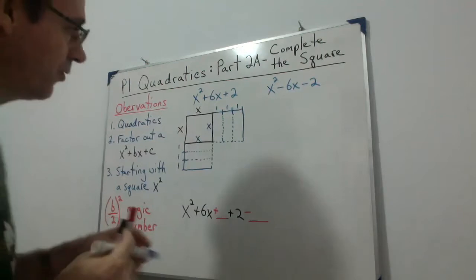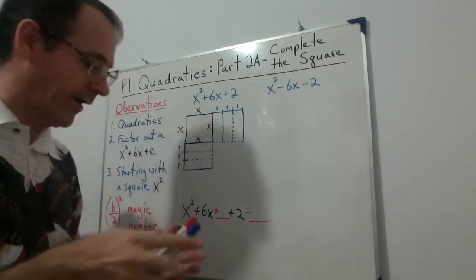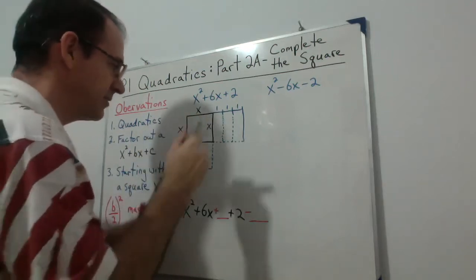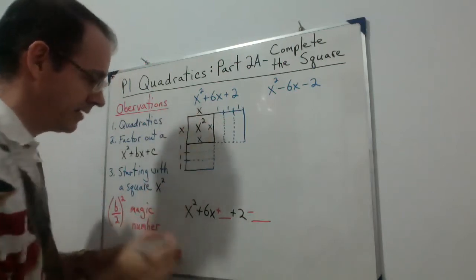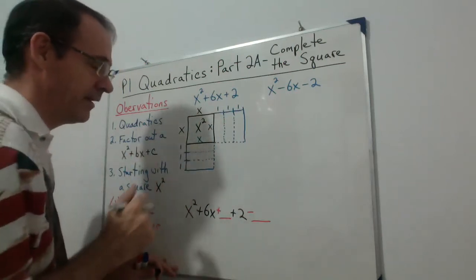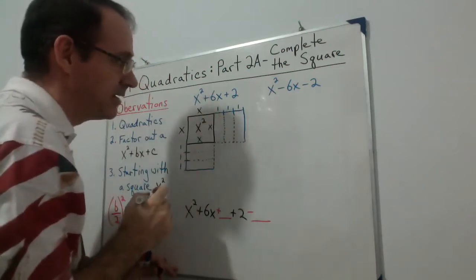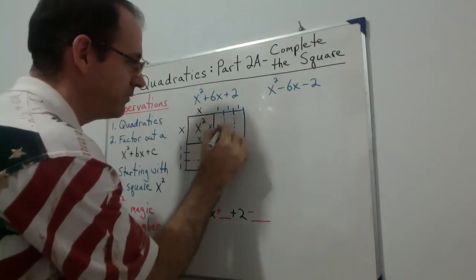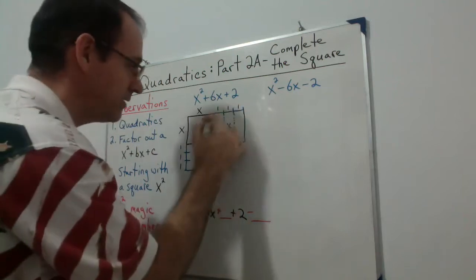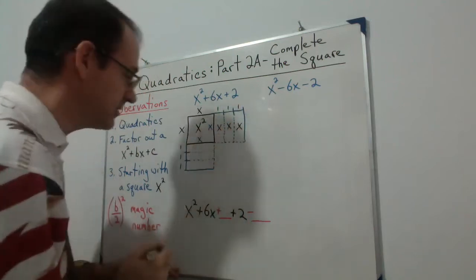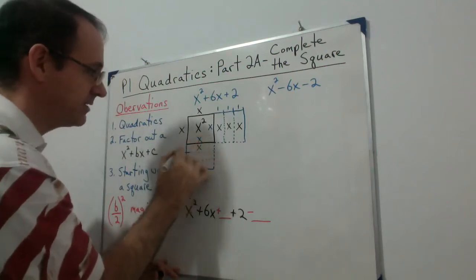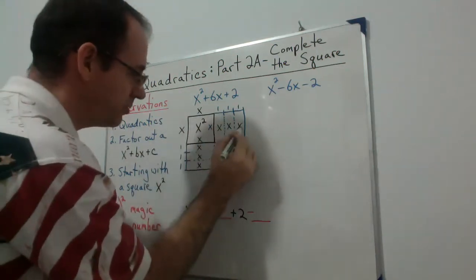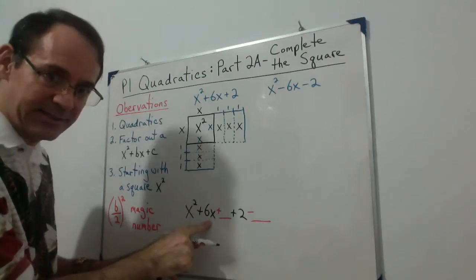So as we start to add up our area, you can see the original square that we started with, x times x, is our x squared. That's our first term. Now we just added 6 more x's. We're talking about area now. 1 times x, 1 times x, and 1 times x, so that's 3x. And then along this side, 1 times x, 1 times x, and 1 times x. That's another 3x. So we've added 1, 2, 3, 4, 5, 6 x's.